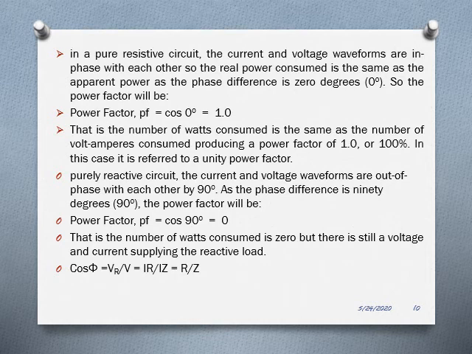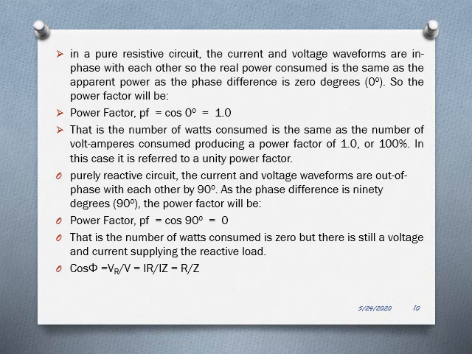This implies that the number of watts consumed is the same as the number of volt ampere consumed, producing the power factor of 1 or 100%. In this case, it is referred to as unity power factor. That is why we usually say that for a resistive network, the power factor is unity.